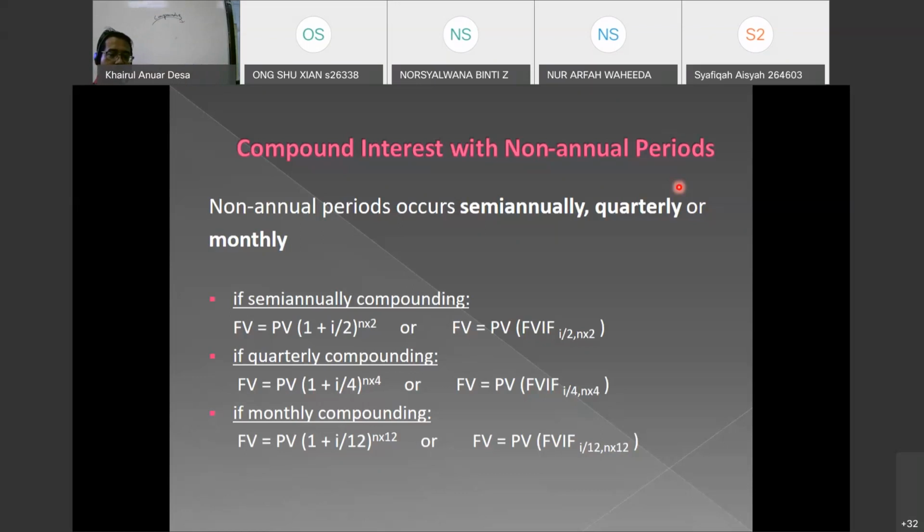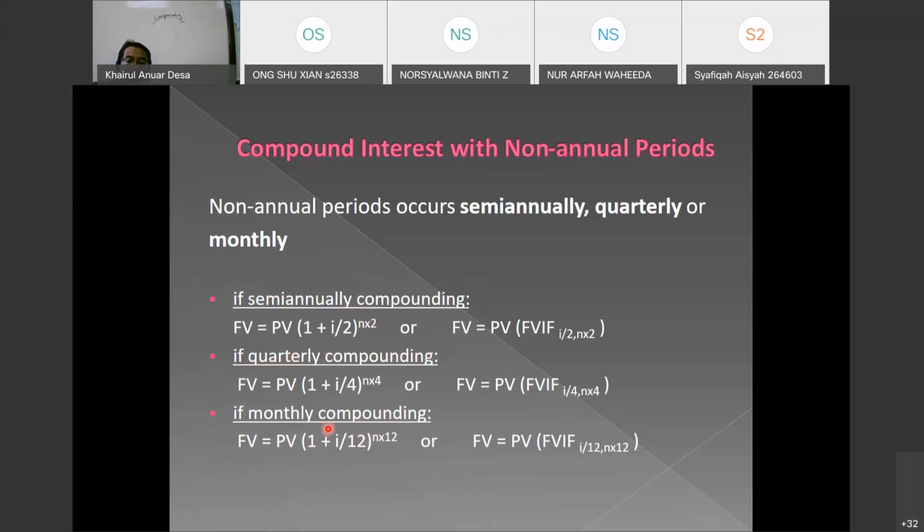So kalau soalan tersebut menggunakan perkataan semi-annual or semi-annually compounding, it means here is the future value semi-annual. Okay, this is the compounding here. Future value quarterly compounding.